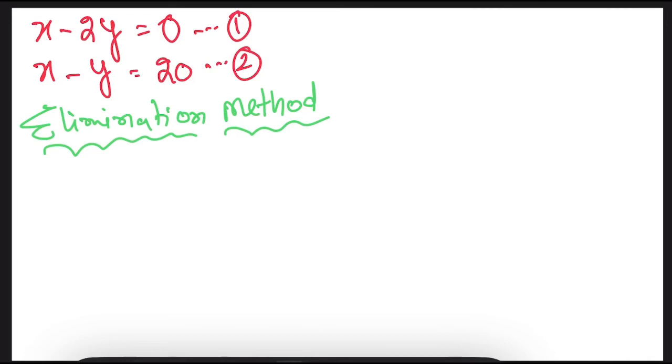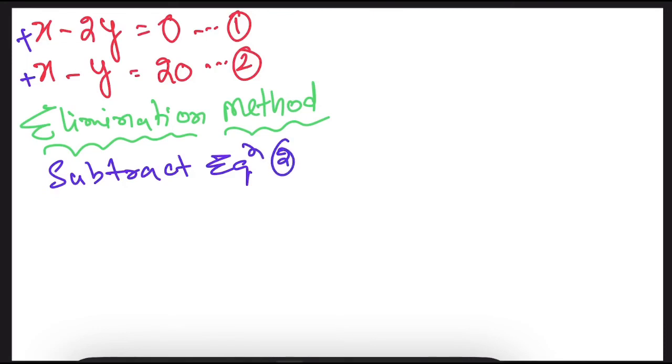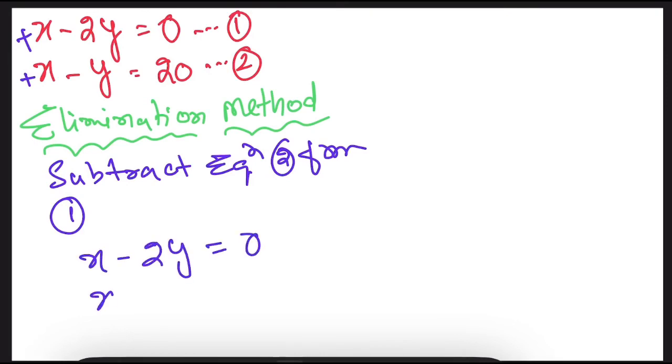Because the signs are both the same, plus plus, we have to change the sign, so subtract equation 2 from 1. So x minus 2y equals 0, x minus y equals 20.